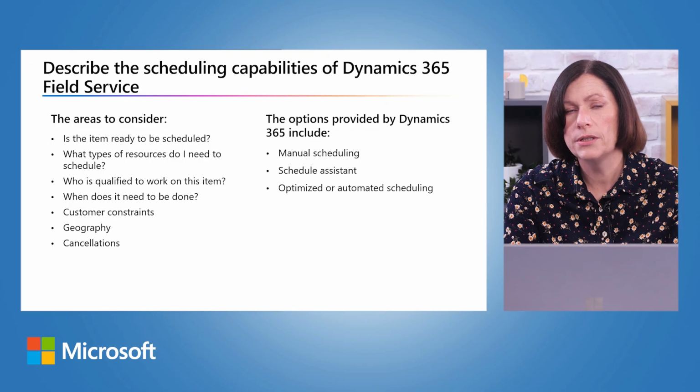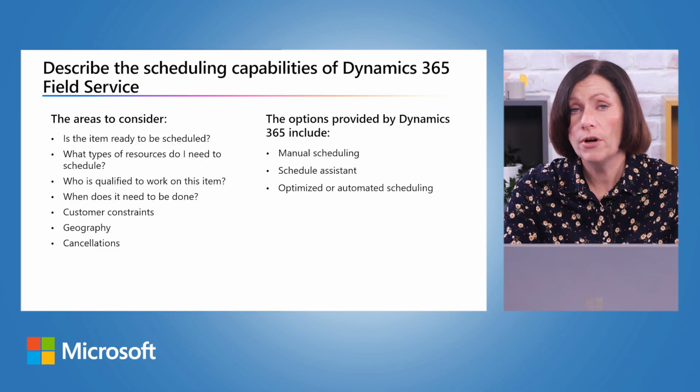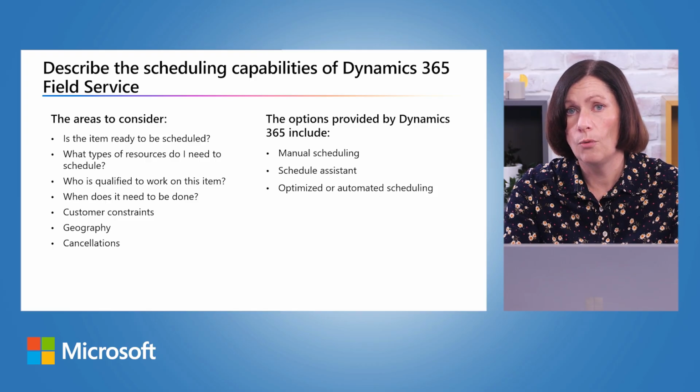Cancellations. How do we deal with cancellations or requests to reschedule? The list doesn't represent a complete list of things that need to be considered. It does, however, give you an idea of what is important when providing a scheduling solution.